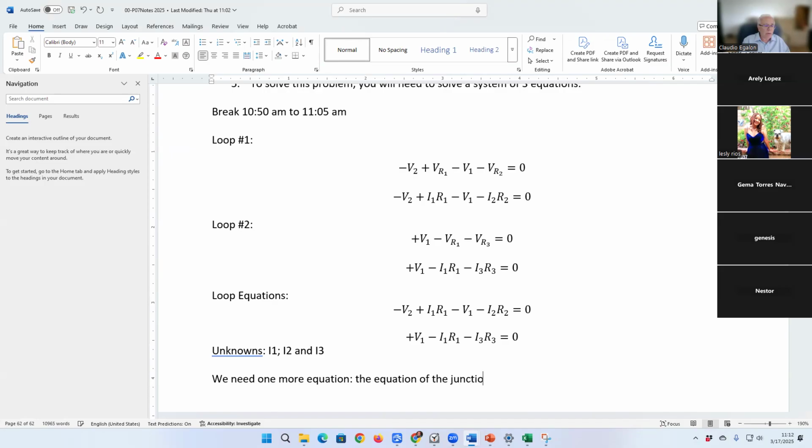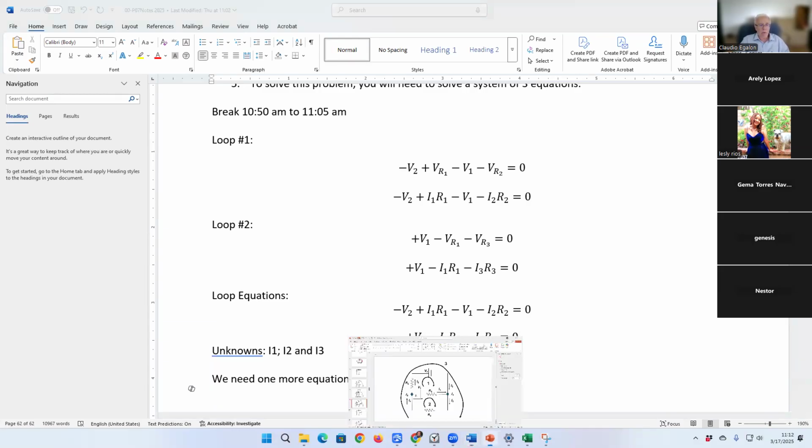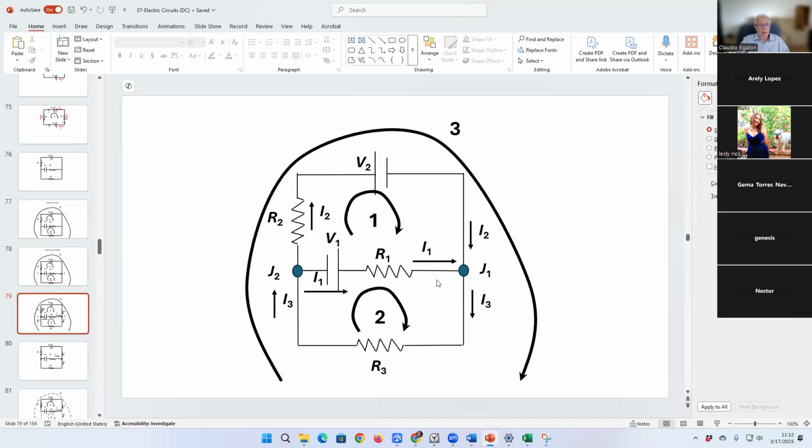Let's choose junction number 1, J1, this junction here. Remember, we have 2 junctions, but we need just 1 junction to solve the problem. Look what's happening here.